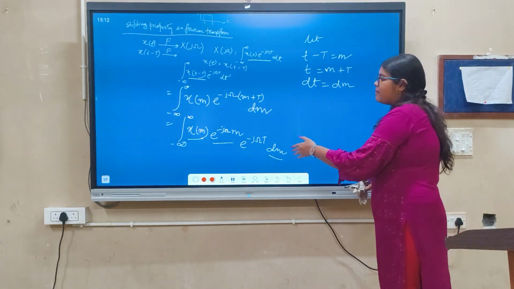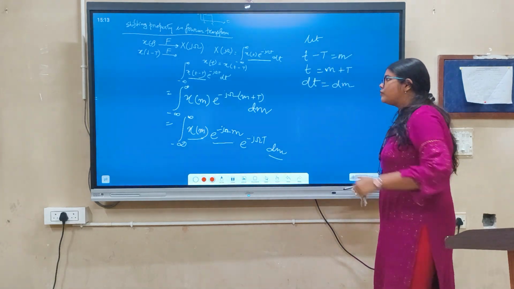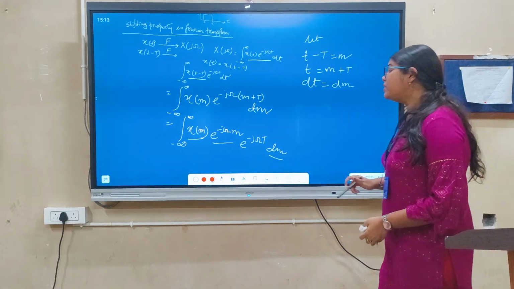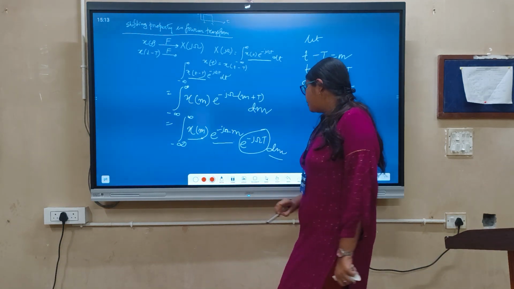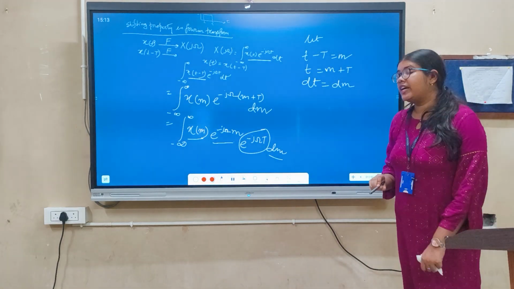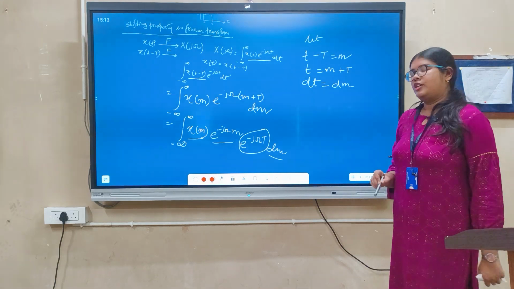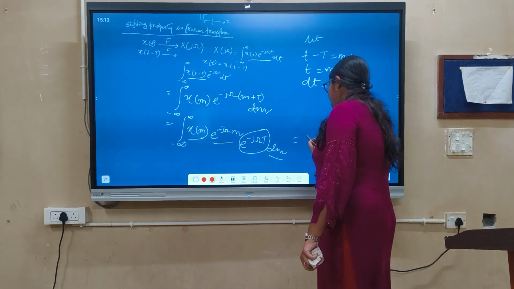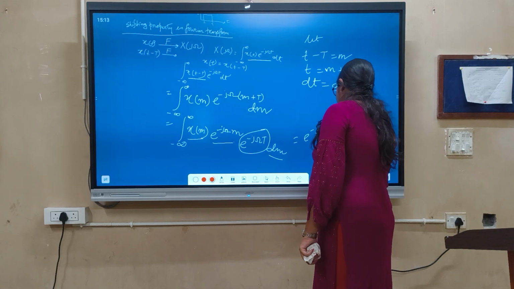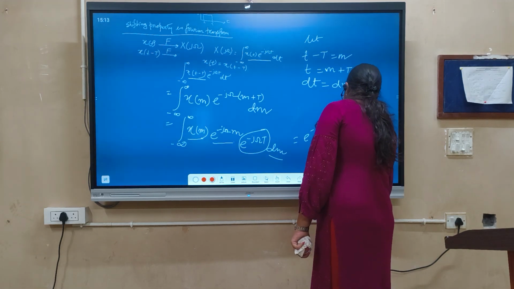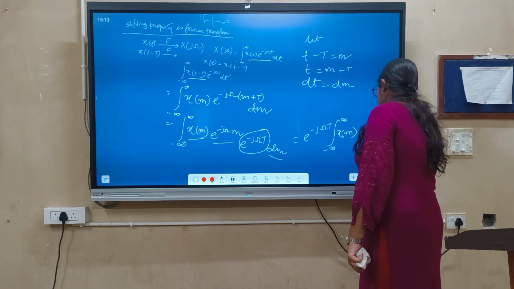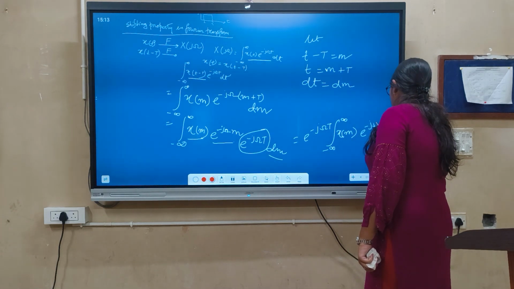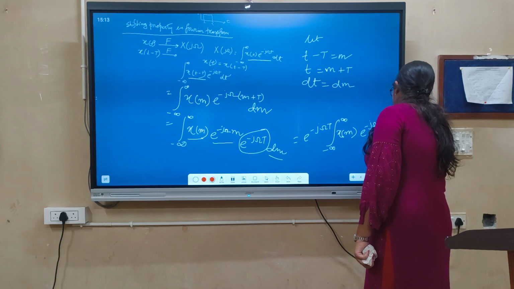The position of the parameters is the same as the upper one. But this term, e to the power minus j omega T, is a constant term. So I am just taking it outside of the integration, and it stays e to the power minus j omega m dm.